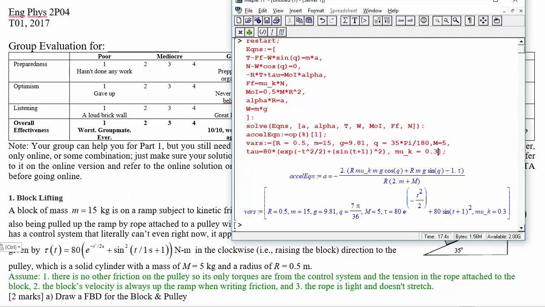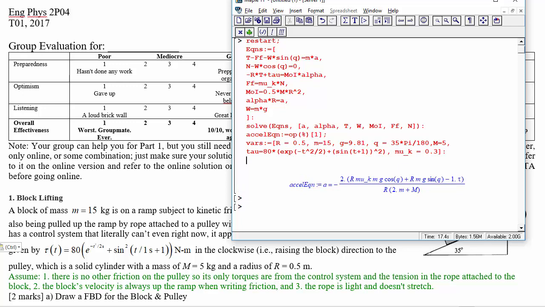Okay, now that the variables are established there, we can solve the acceleration equation in a couple of different ways. So first, let's just say integrate.